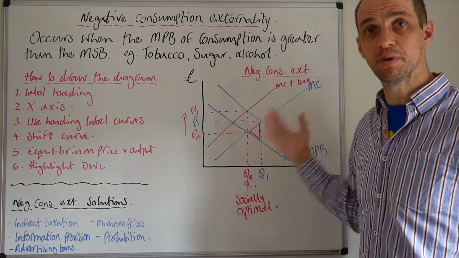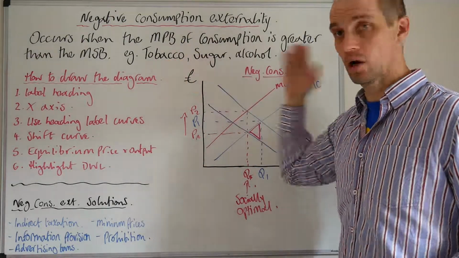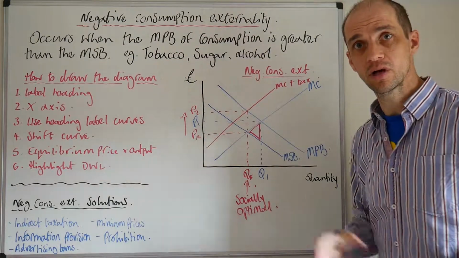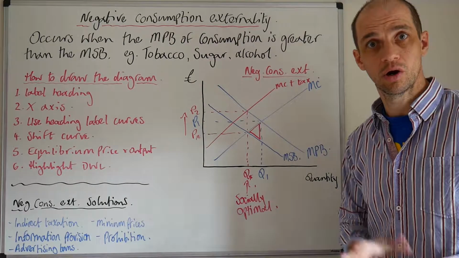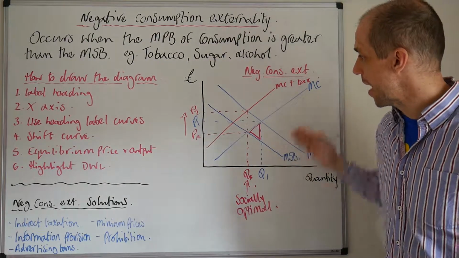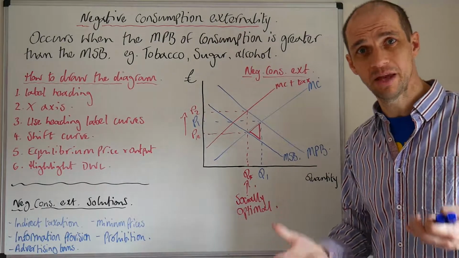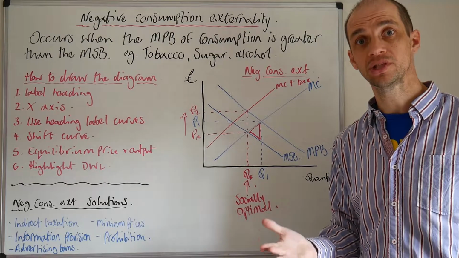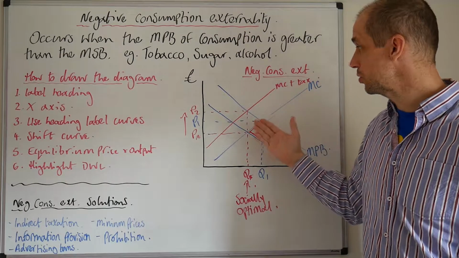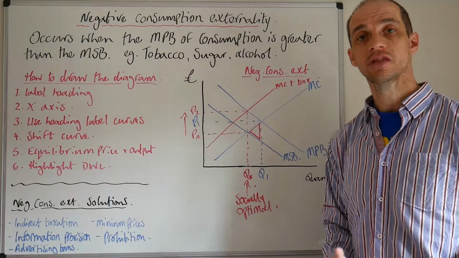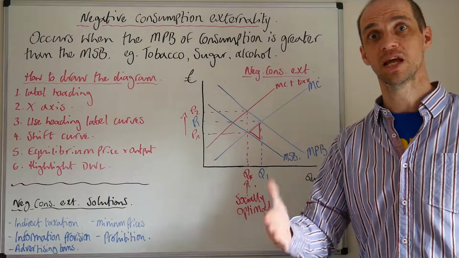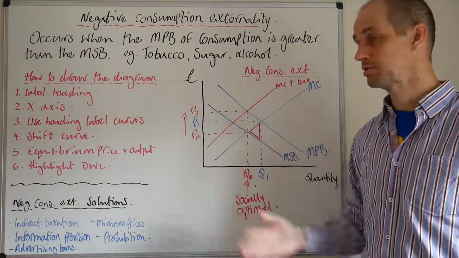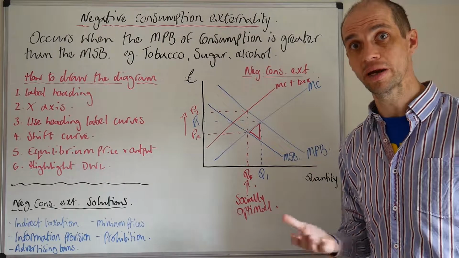Now, of course, this has been used very heavily with regard to tobacco, also with alcohol, and more recently with regard to sugar. How great will the actual impact be? Well, it depends upon the price elasticity of demand. A smoker who's addicted to nicotine may still have to buy those products despite that hugely raised price.